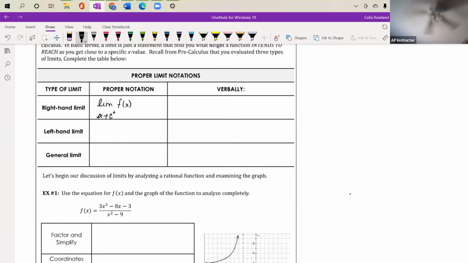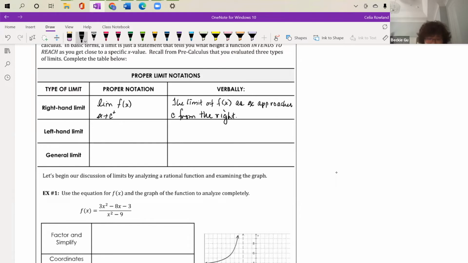And that's what we're going to be looking at. So this is the limit of f of x as x approaches c from the right. The second one will be the limit of f of x as x approaches c from the left.